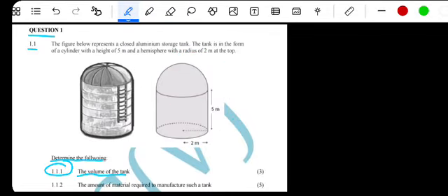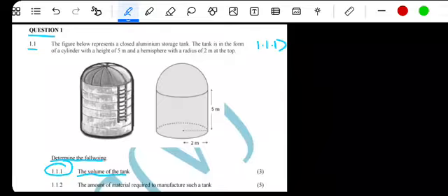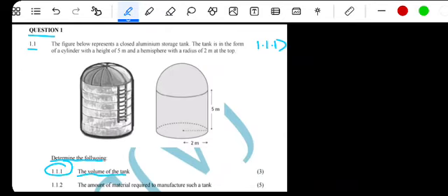So 1.1.1 is what we want there. We can start by finding the volume of the cylinder. You can just write volume of the cylinder.